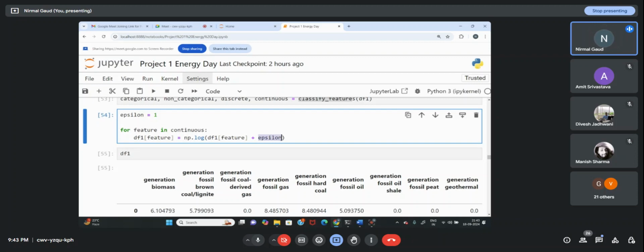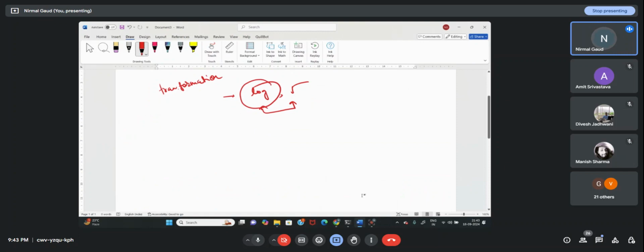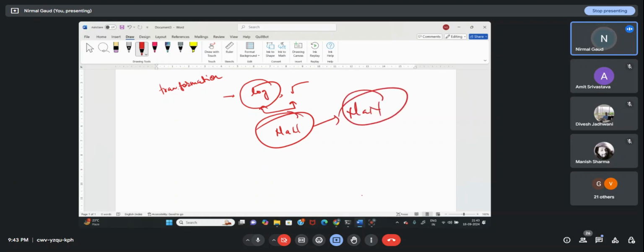See, if the value of a feature lies between 0 and 1, or if it is less than or equal to 0, especially if the value is negative, log will not perform anything. It will fill up with null values. Log 0 will also be NaN. So unnecessarily my data will have null values, because log will fill up with NaN if you have 0 or negative values inside the log. So, in order to preserve myself from that, I added 1.